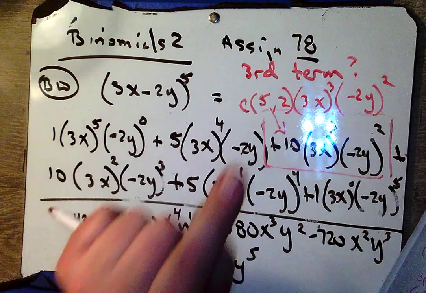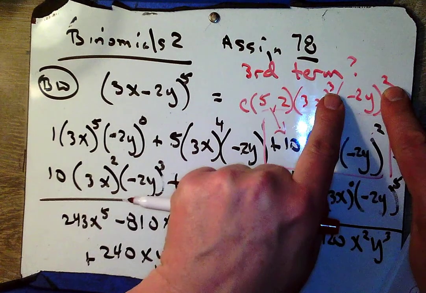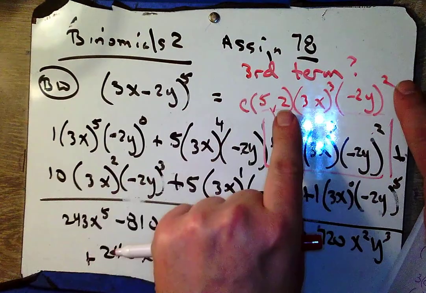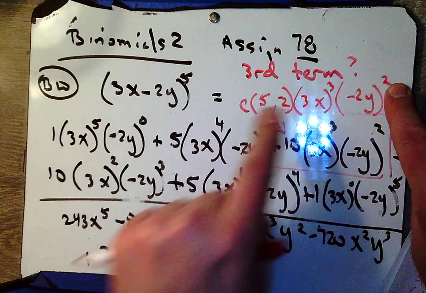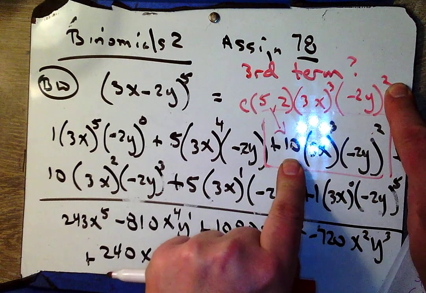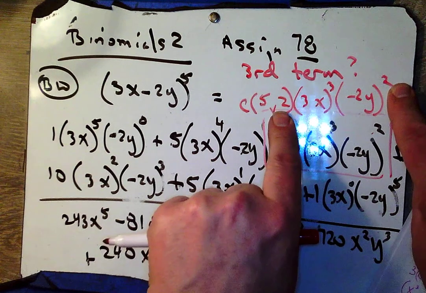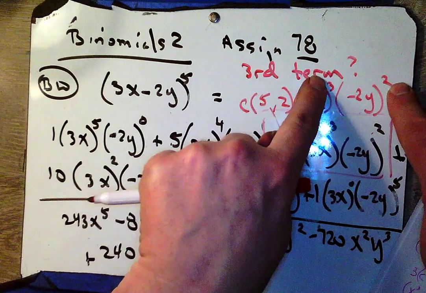And what I notice here is these powers have to add up to that. And these values are the same. For figuring out this coefficient, if I'm not using Pascal's triangle but combinations, these numbers are the same. These add up to this.